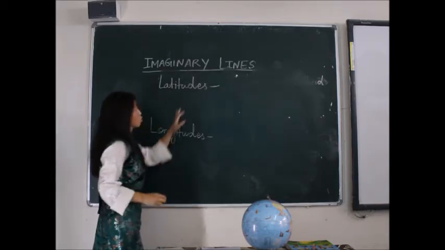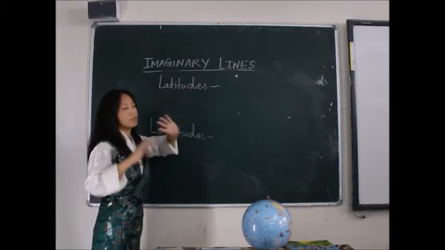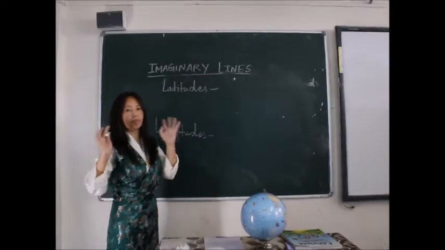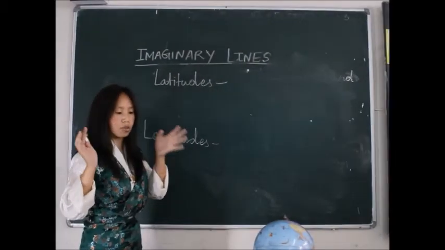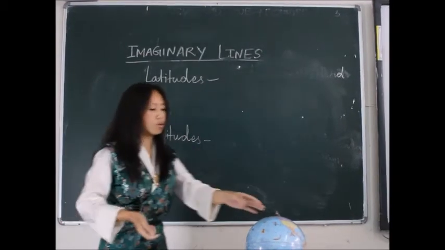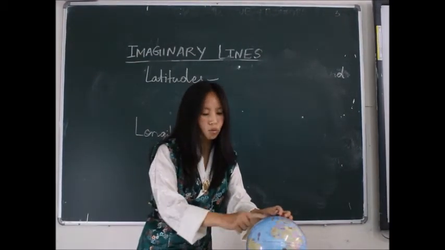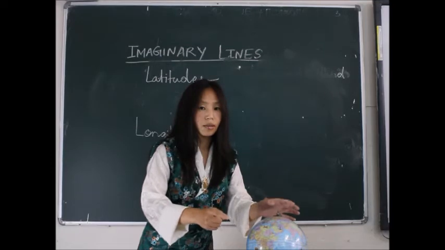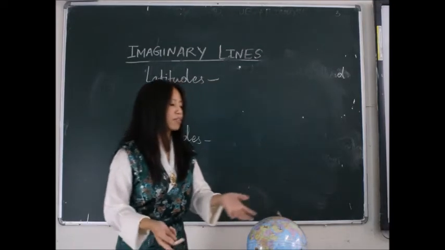Latitudes and longitudes are just imaginary lines. It's not actually there, it's just imagination. If you look at the globe also, you'll find so many imaginary lines.